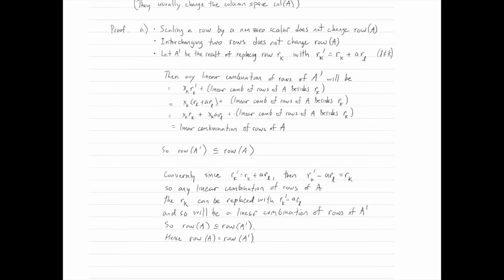And so we will get a linear combination of rows of A prime, because Rk prime is a row of A prime, and Rl is also a row of A prime, in addition to being a row of A. So the row space of A is a subset of the row space of A prime, and combining these two inclusions, we get that the row space of A is equal to the row space of A prime. If this proof is a little hard to follow, don't worry too much about it. The take-home point is just that elementary row operations do not change the row space of a matrix A.